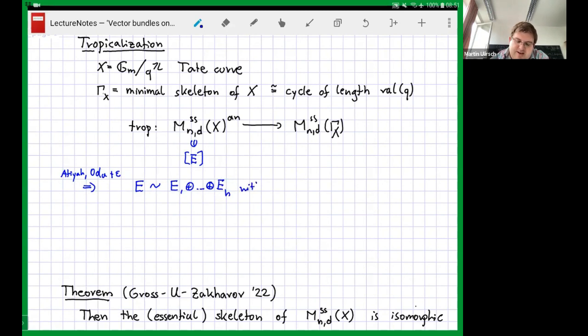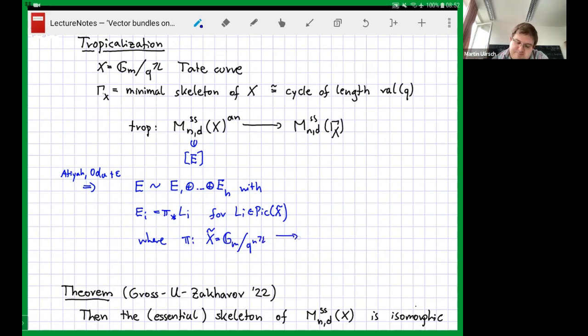Using Atiyah's classification with Oda's work tells you that each of these E_i is a push forward of a line bundle L_i in the Picard group of X tilde, where X tilde is the natural cover and pi is the projection, meaning that X tilde is G_m^an modulo q to the n times Z.